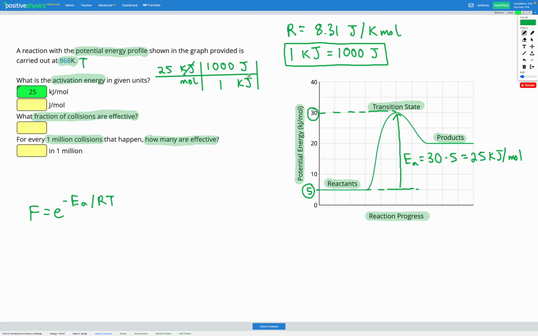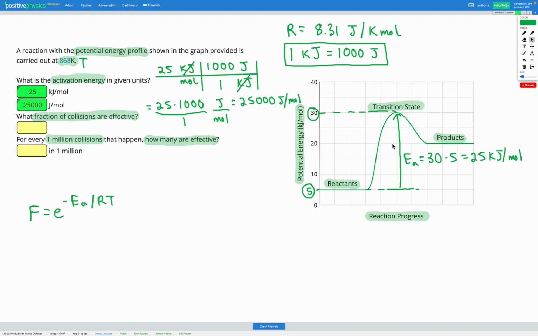So the kilojoules are going to cancel, and we're left with 25 times 1,000 joules per mole, which is 25,000 joules per mole. Great, so we can enter that in our answer box over here, 25,000 joules per mole.